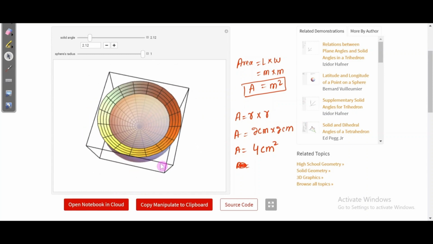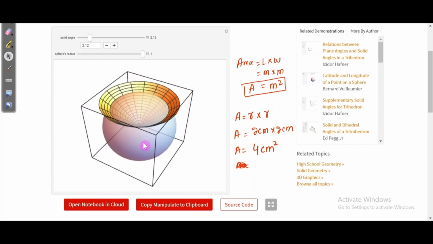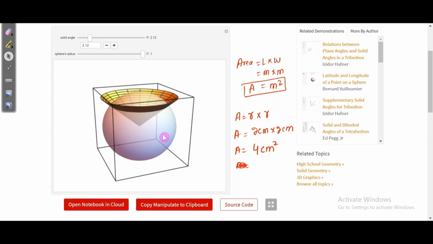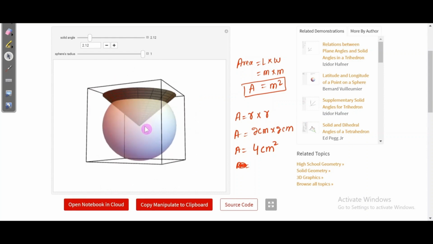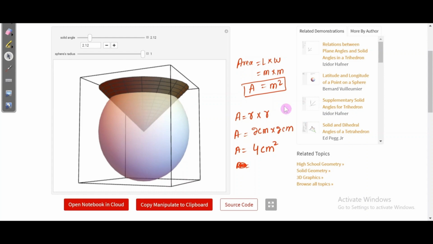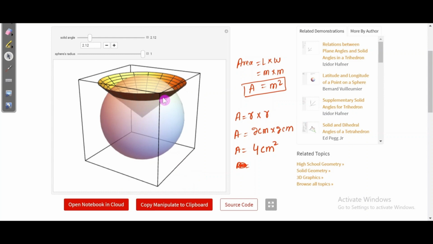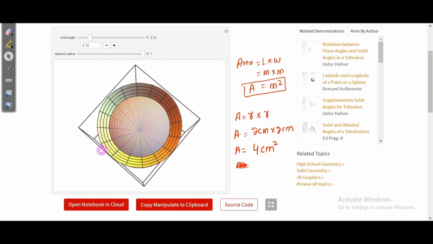So it may seem complex, but this is very simple, because first we take the radius and multiply that radius. It will give the area, and we will take that much area from the surface of the sphere.